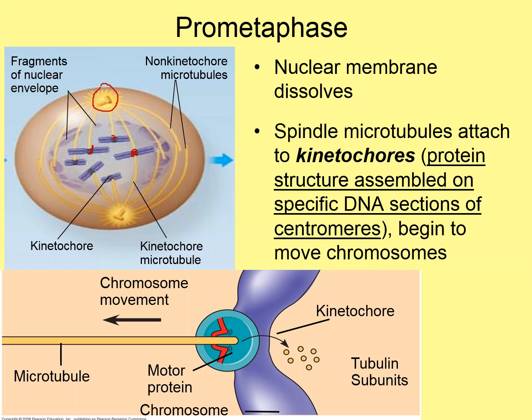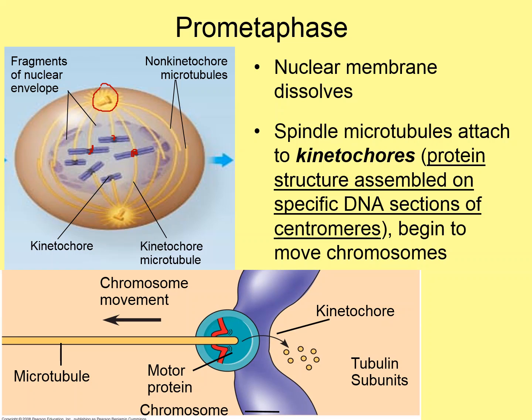And so as the microtubules are growing out from our centrioles, right, some of those are going to attach to a part of the centromere, again, just to make it really confusing, right? So we can see that here, this kind of pinched area. This is the centromere, and I've got basically protein anchors here, and my microtubule is essentially going to attach to those, almost like a tow hitch or something like that on a car.